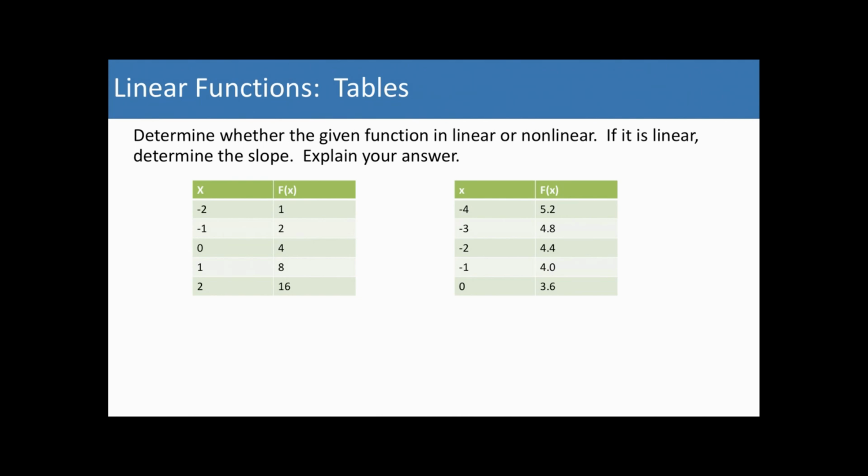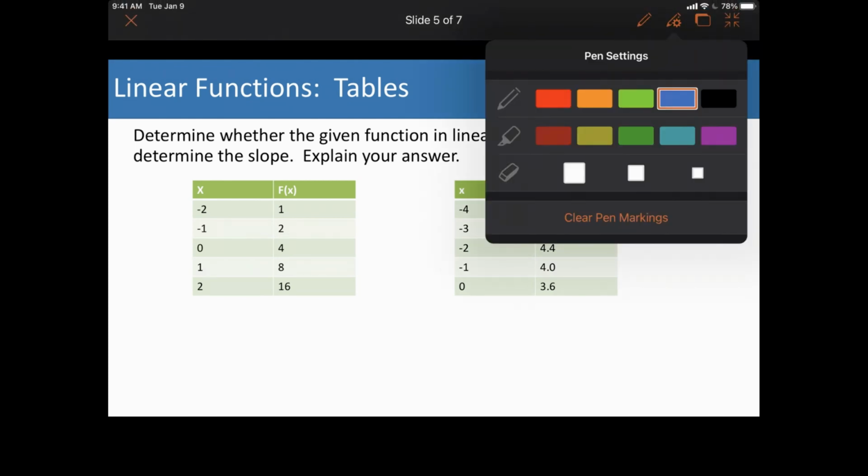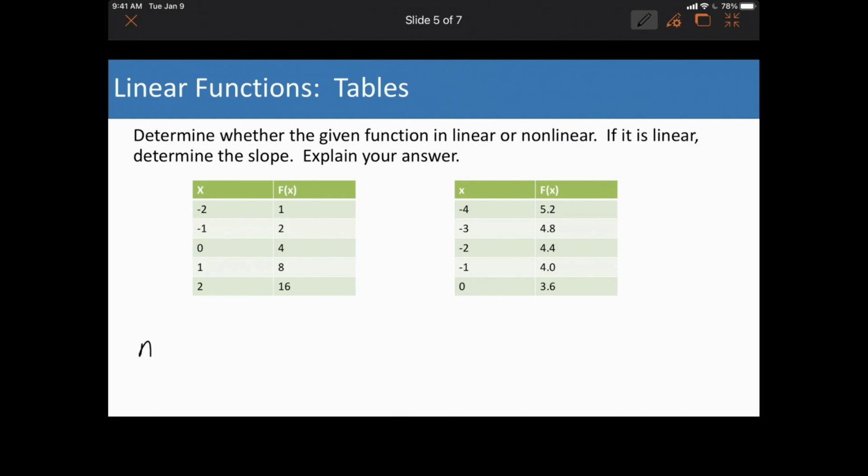Now, another way to analyze functions is in a table. Now, this is not as obvious if it's a linear function because it's not graphed, and we don't want to graph it. We want to be able to determine it in the table. Now, remember that slope is rise over run, or delta y over delta x. So we have to find the change of these things. This is your x's. Don't forget this is your y. So the change really means the difference, right? Because this is what we're doing.